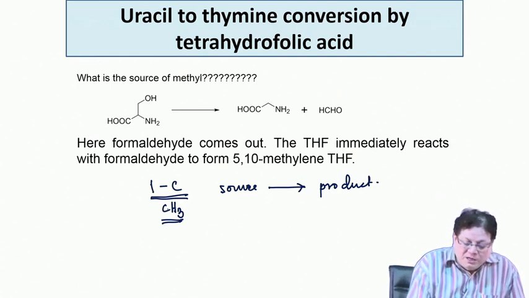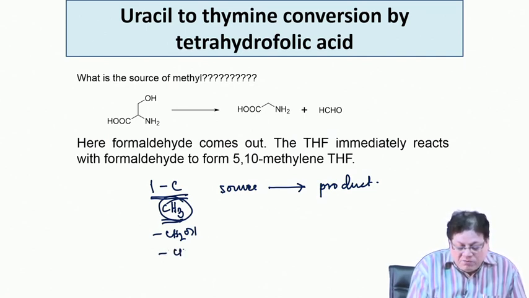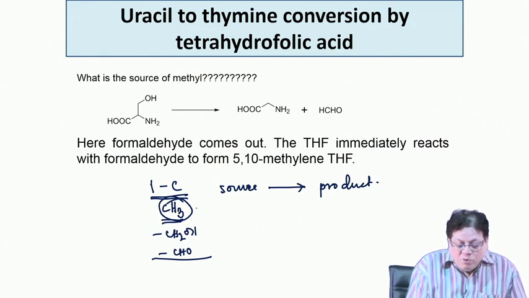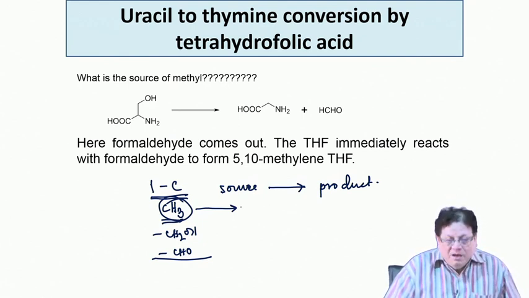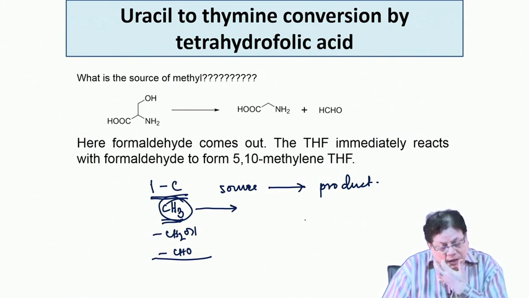So, different oxidation levels of carbon, methyl, or CH2OH. So, these types of groups can be transferred. Okay. But these are basically all one carbon units. Now, today we will be discussing only the methyl, the transfer of methyl, because that is extremely important. Why is it important?